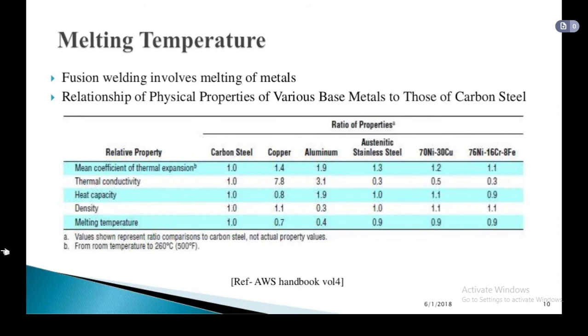Okay, we need to preheat the base material, and after preheating we do the welding, because when we weld the aluminum alloy and the stainless steel without preheating, the temperature formed at the weld zone will be high, and due to this high temperature the aluminum alloy gets burned.